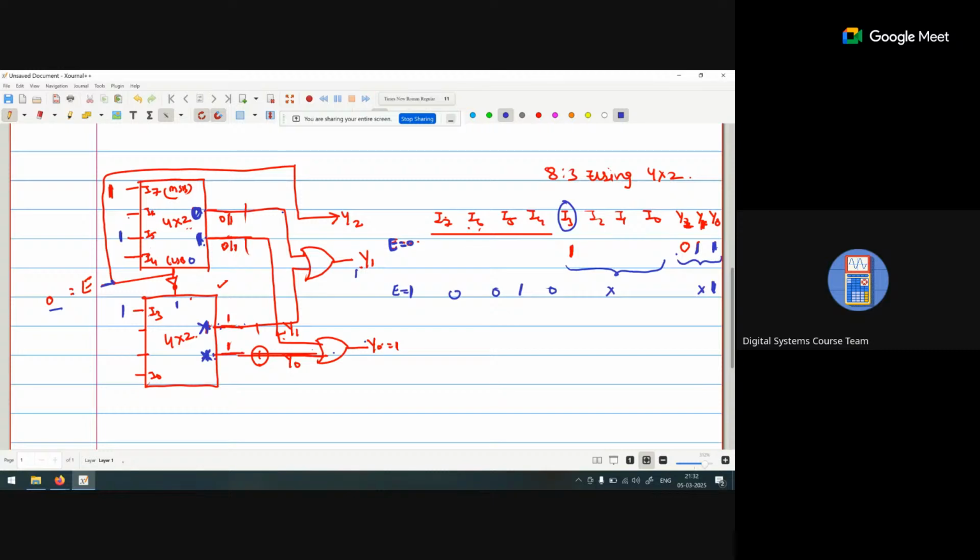Maybe this is 0, maybe this is 1, depending on the don't care condition. Clear? Now, if enable is 1, that means Y2 is 1. Any doubt?